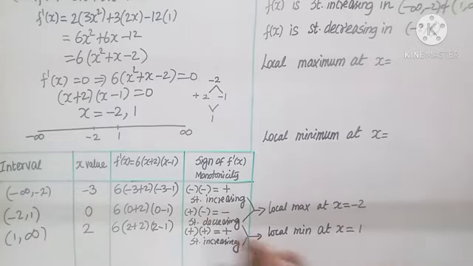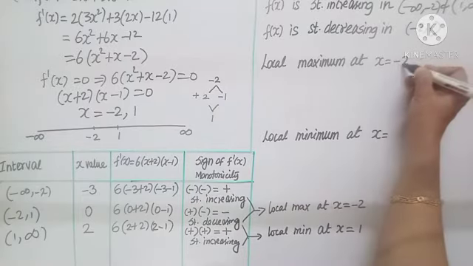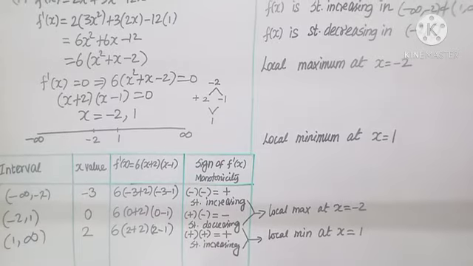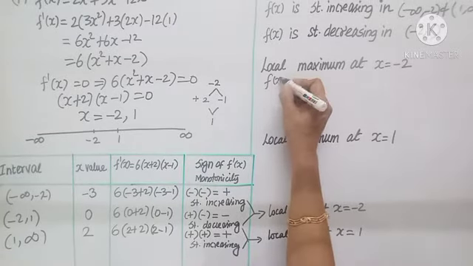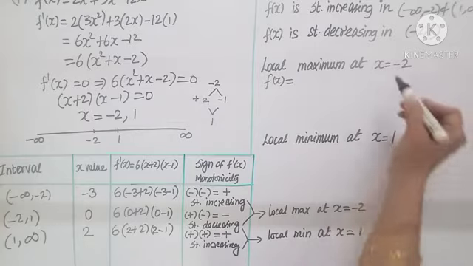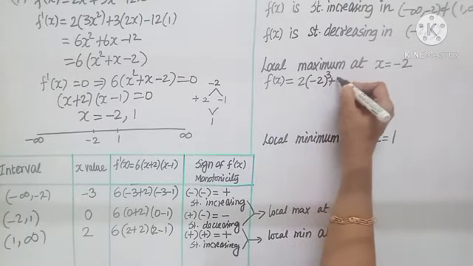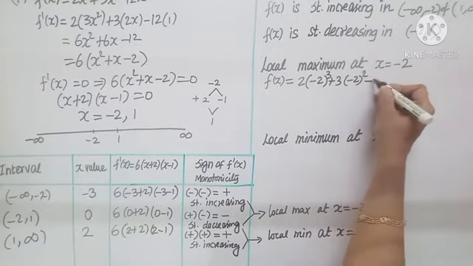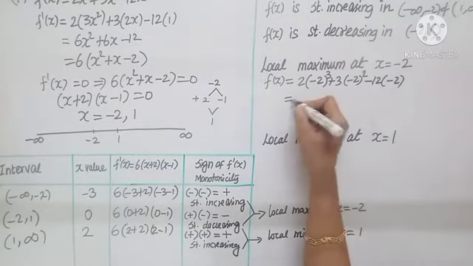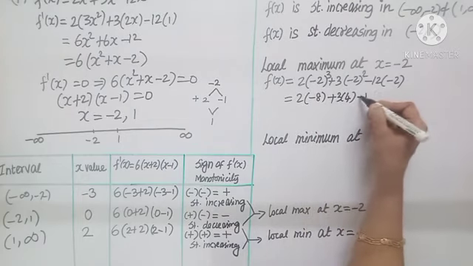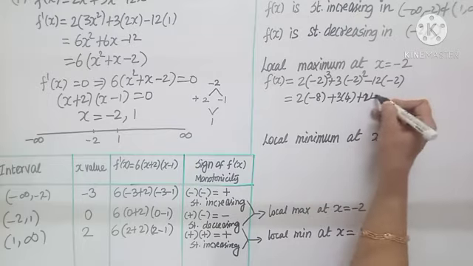Substitute the values in f of x. Local maximum at x is equal to minus 2, local minimum at x is equal to 1. Substitute the values in f of x and find the answer. f of x, when x is minus 2: 2 into minus 2 cube, plus 3 into minus 2 squared, minus 12 into minus 2. 2 into minus 8 plus 3 into 4, minus into minus is plus, 12 twos are 24.